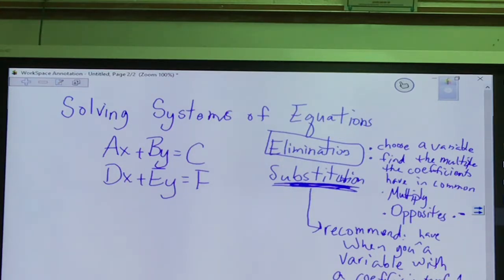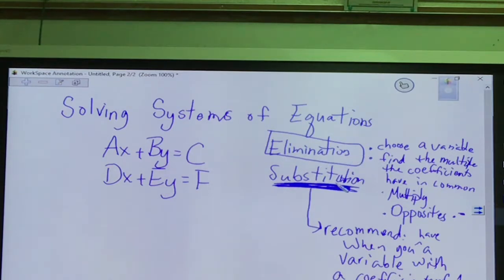Honestly, for myself, I find that it's easier to make a mistake using substitution than with elimination. And I'm sure there are many people who feel the reverse is true. So I think you have to pick what you're most comfortable with.